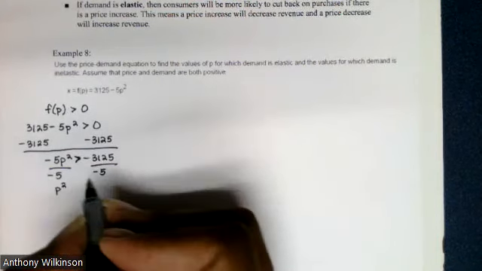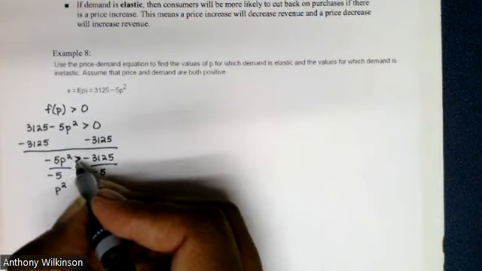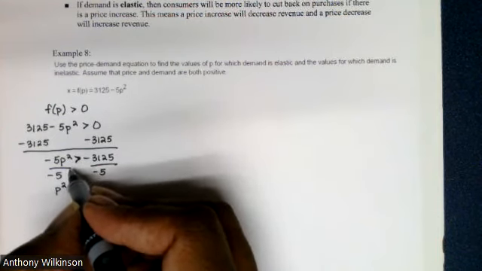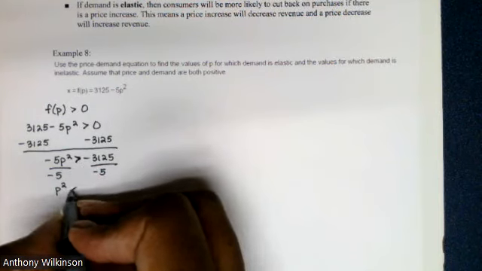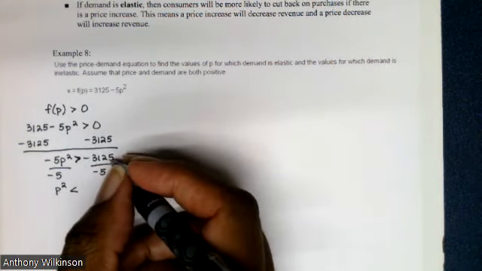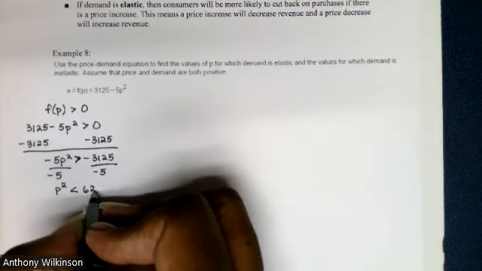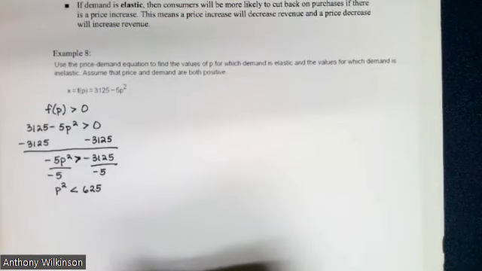And if you recall, when you divide an inequality by a negative on both sides, the inequality symbol reverses from greater than, in this case, to less than. And then negative 3125 divided by negative 5 will be 625. So P squared will be less than 625.